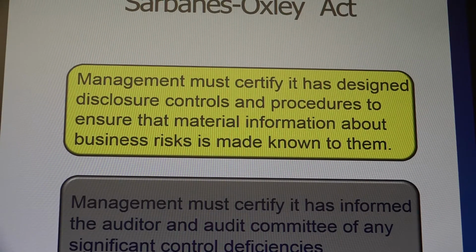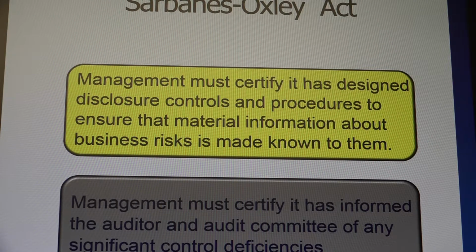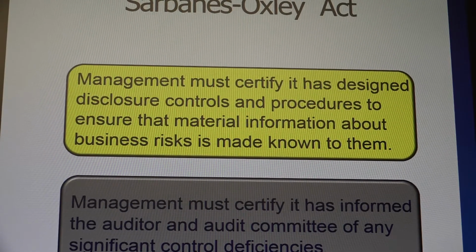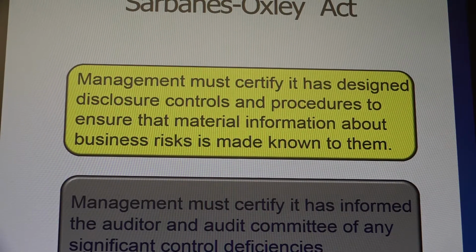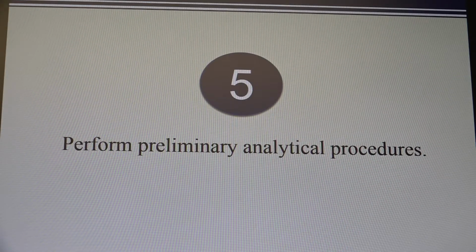So, doesn't mean it always happens, but at least under Sarbanes-Oxley, for public companies, management's supposed to affirmatively certify that they've designed controls as well as notified the proper parties if there are any deficiencies.